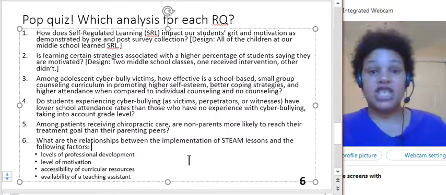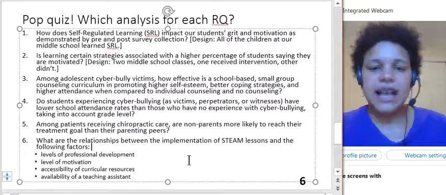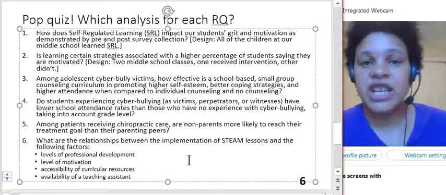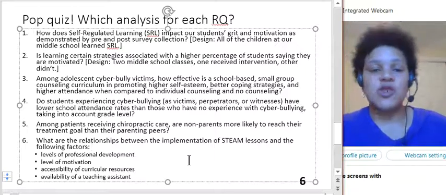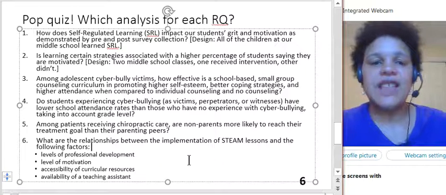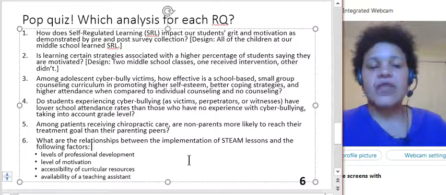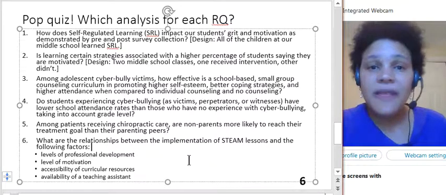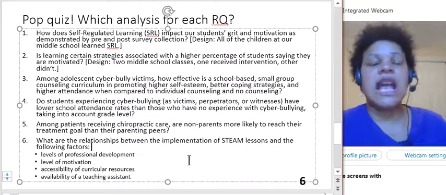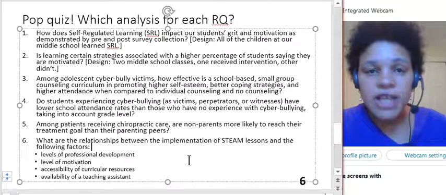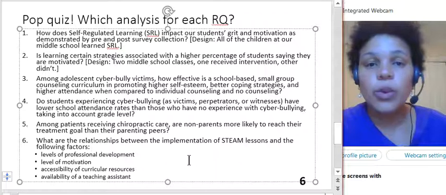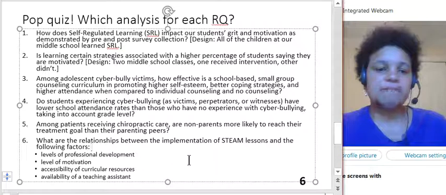So you can imagine that a bunch of science, technology, engineering, art, and math teachers were given a survey, and they were asked about the professional development they had received, about how motivated they were to do the lessons, about what curricular resources were available to them, and about whether there was a teaching assistant in the room while they were doing certain lessons.